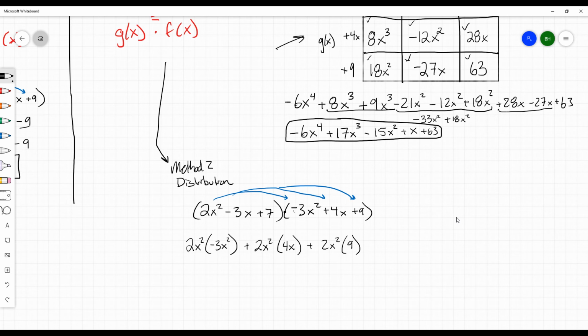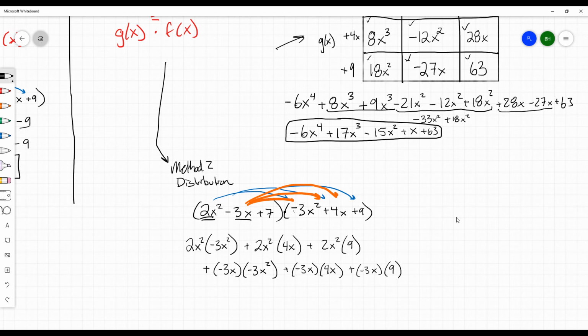And so you'll see here that when I do that, I'm multiplying this first term with every term in the second set of parentheses. I'm then going to repeat that process with the second term. So then I'll get plus, this one's a negative 3x times a negative 3x squared plus a negative 3x times 4x plus a negative 3x times 9.